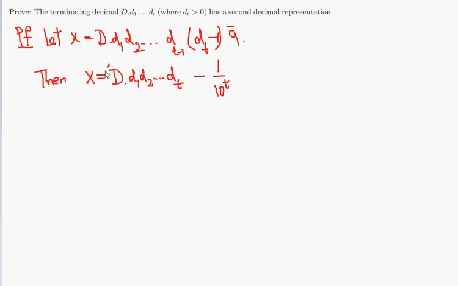So this part is the ordinary decimal representation. Minus 1 over 10 to the t, that's this part. And then I have plus 9 over 10 to the t plus 1, plus 9 over 10 to the t plus 2, and 9 over 10 to the t plus 3, and so on infinitely many times.